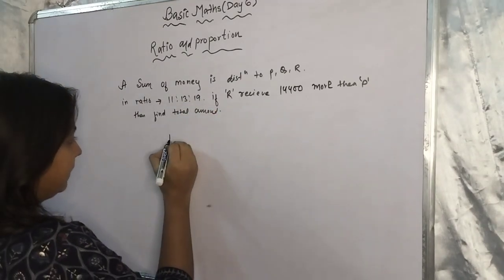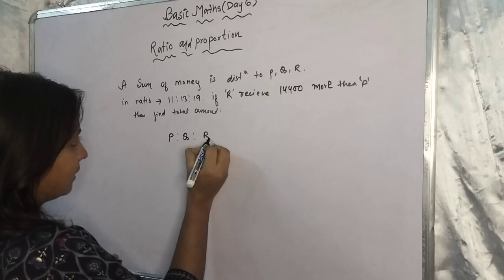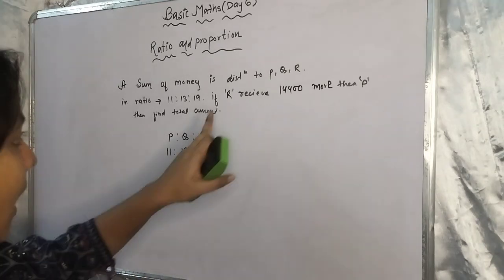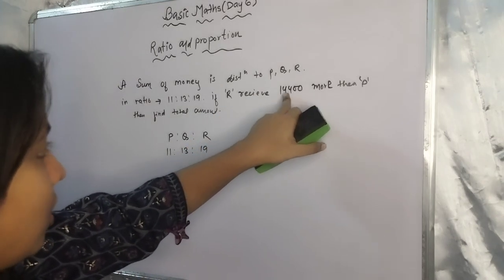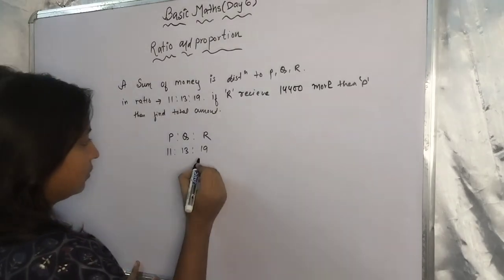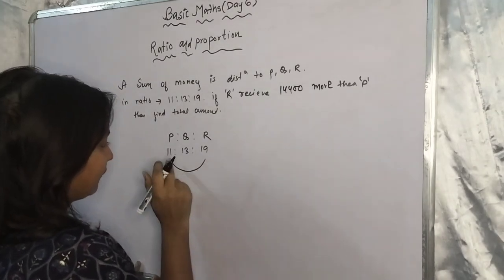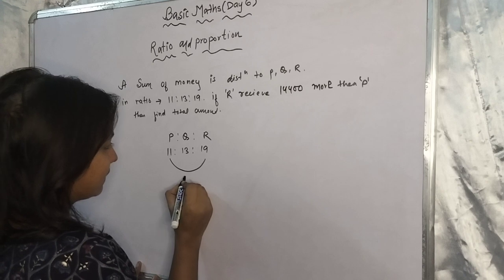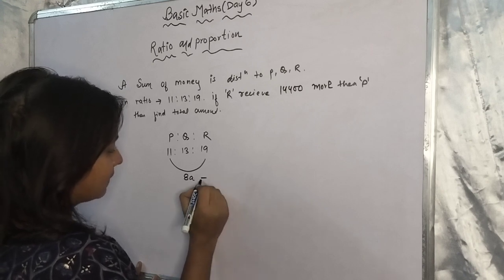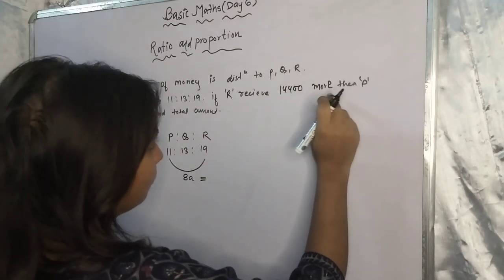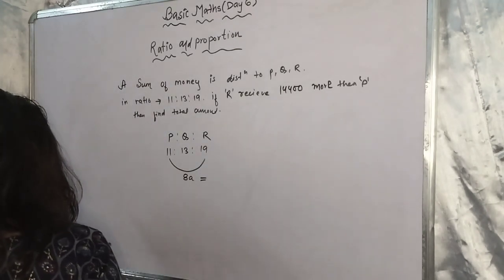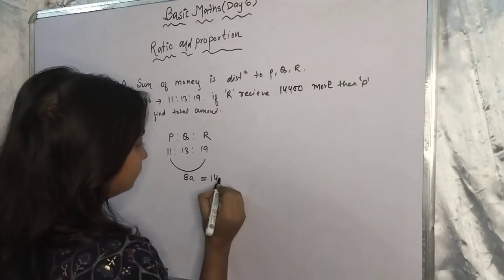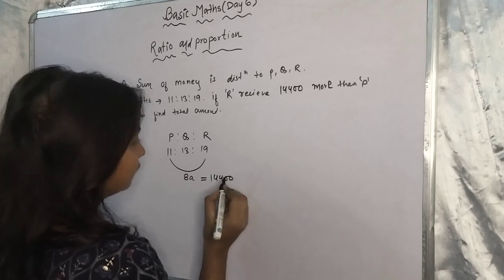So P is to Q is to R, that is 11:13:19. We are told that R receives 14,400 more than P. So here we can see the difference between P and R. So what is the difference? Difference is 8. So 8A is equal to how much more than P, 14,400.